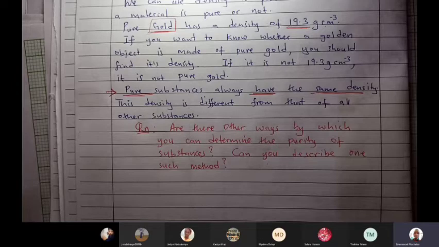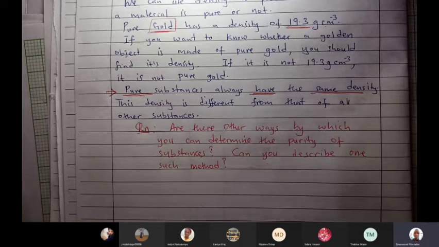Should we use the water? Water boils at which temperature? 100 degrees Celsius. Yes, 100 degrees Celsius. But when I add salt in water, that water will no longer boil at 100 degrees centigrade.